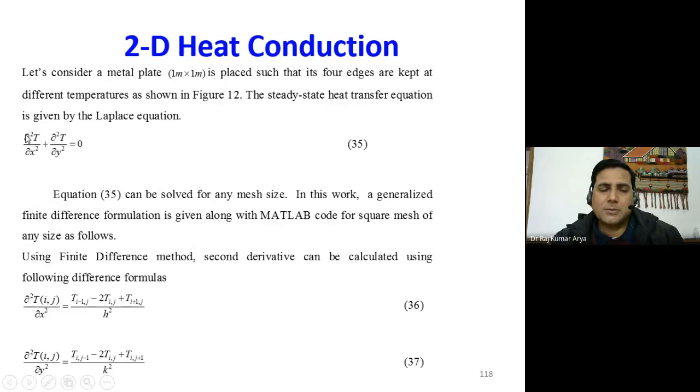In that case, you will write: del upon del x of k del T upon del x, plus del upon del y of k del T upon del y, plus del upon del z of k del T upon del z, plus E dot generation, equal to rho Cp del T upon del t, right? That would be your three-dimensional heat conduction with generation term, right?